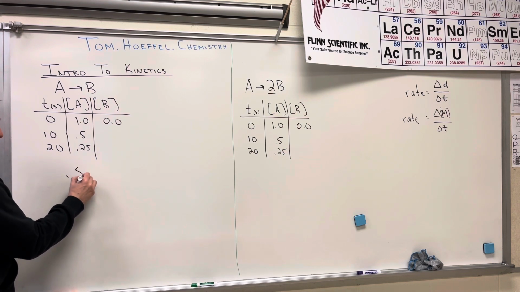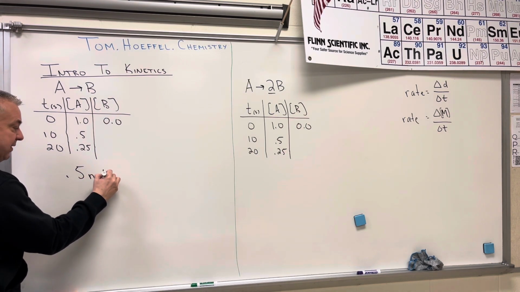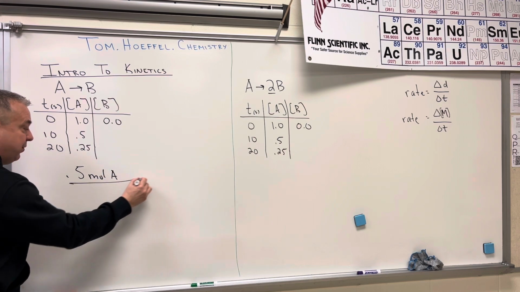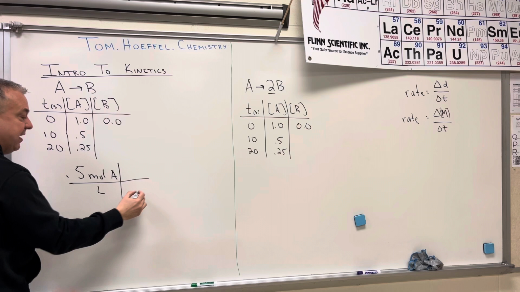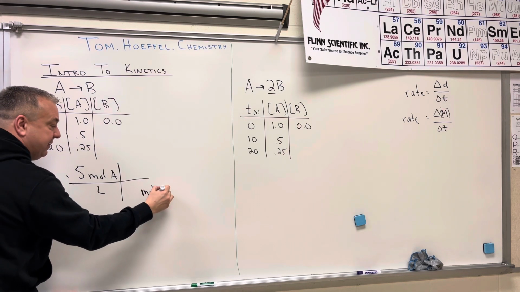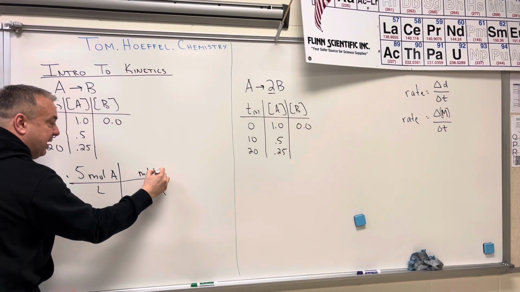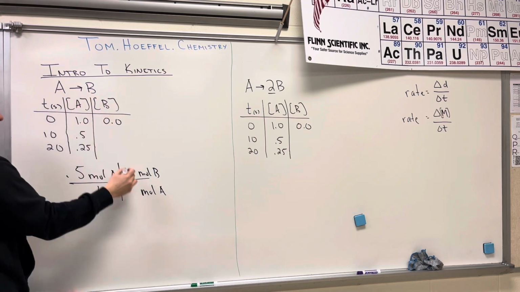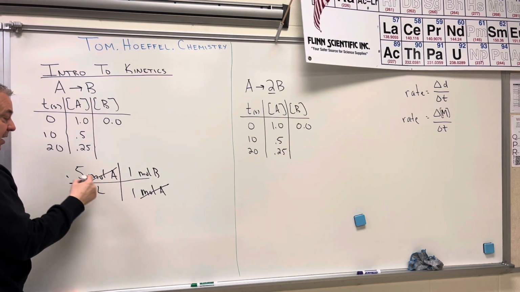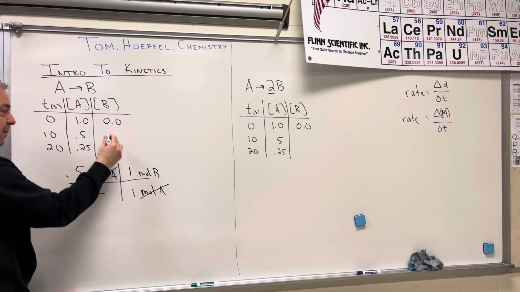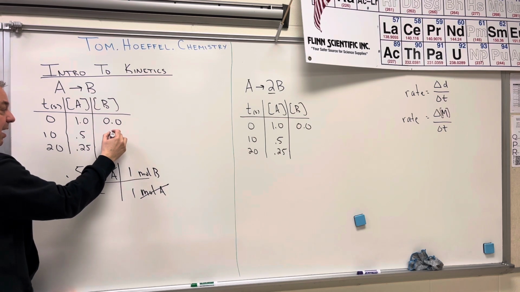So if I take those 0.5 moles of A, and that's going to be moles per liter, because we're talking about molarity here, and if I go from moles of A to moles of B, it's a 1-to-1 relationship. However, the moles of A are going to cancel out. 0.5 times 1 divided by 1 is going to be 0.5.